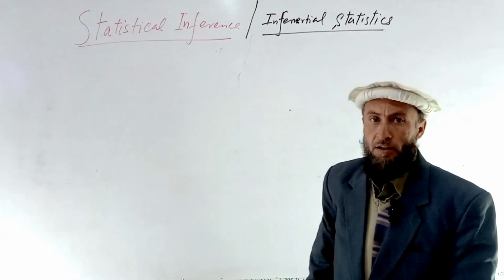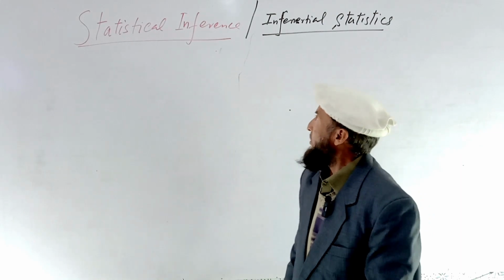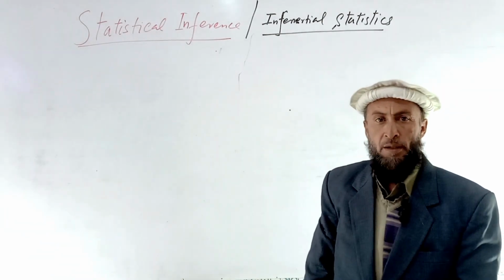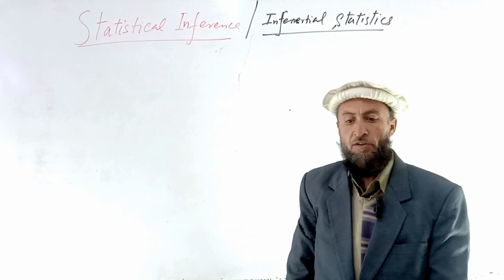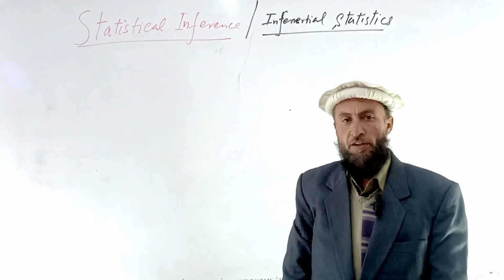How can we define it? The definition of statistical inference: getting information about a population from a sample is called statistical inference.